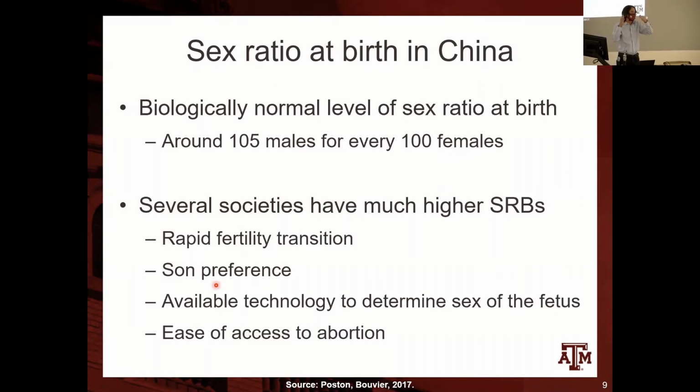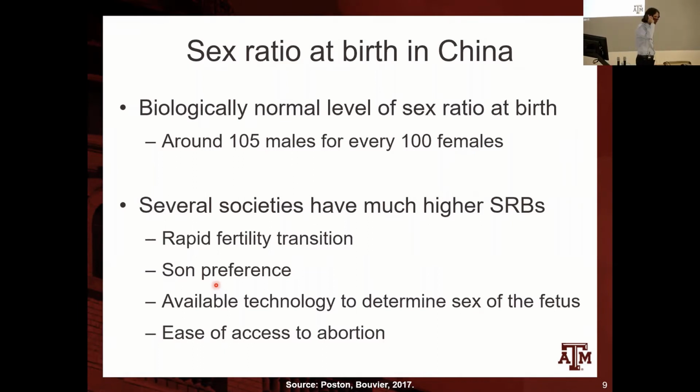And then you start to have a lot of men that don't get married, and those men that don't get married, previously they already had lower levels of education, lower levels of earnings, lower levels of skills, so they will tend to stay in poverty, and that will increase poverty for that specific group of people in China. And then later in life, when they get older, they won't have any access to any benefits, and that will affect their health as well, okay?